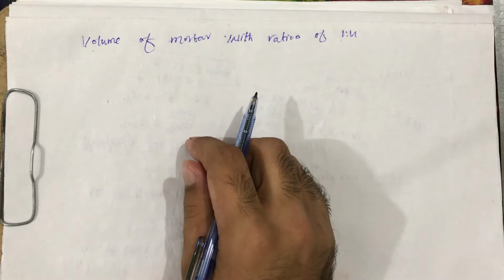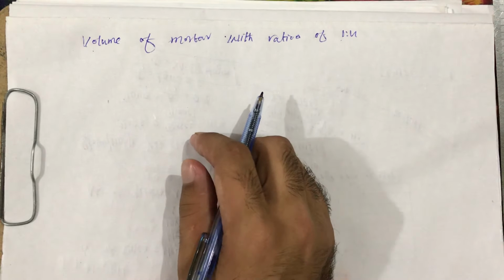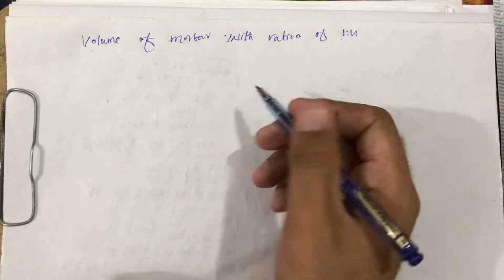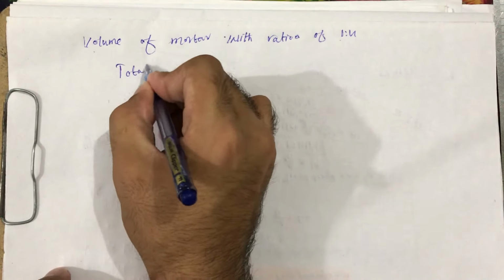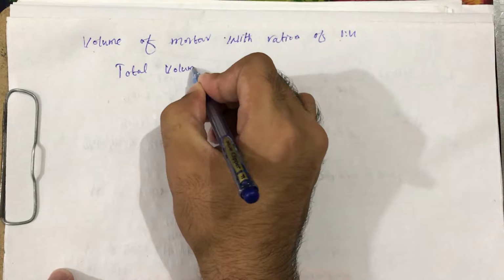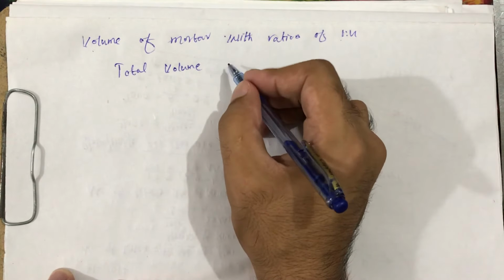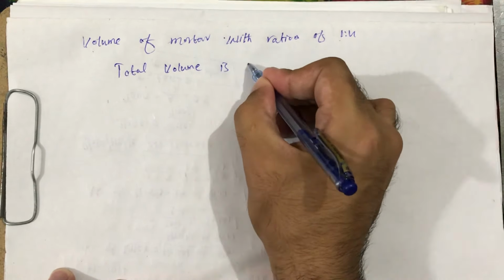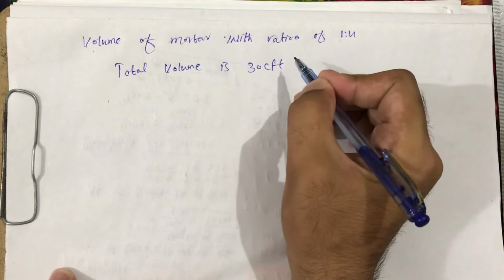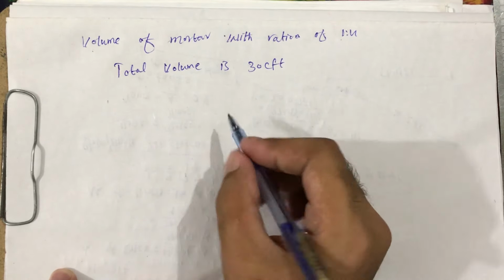So it is the ratio for the mortar. So we have to find the volume. So the total volume is cement and sand. So the total volume is 30 CFT.